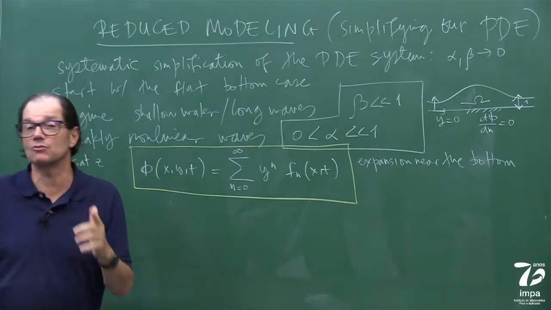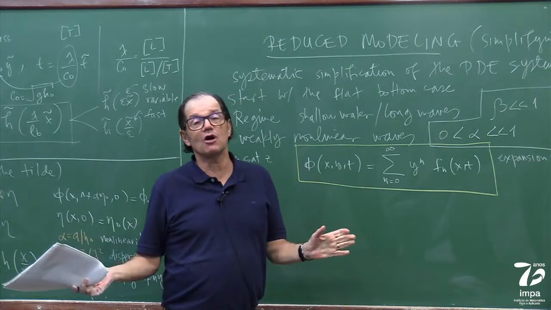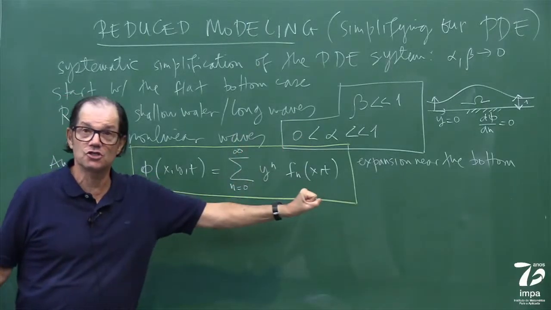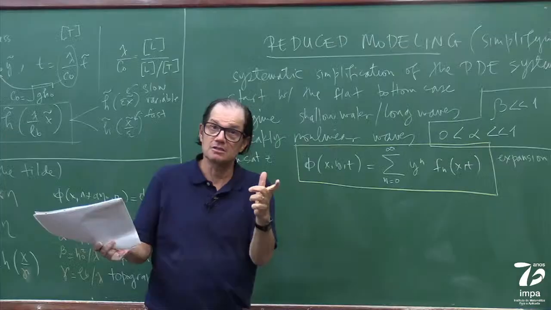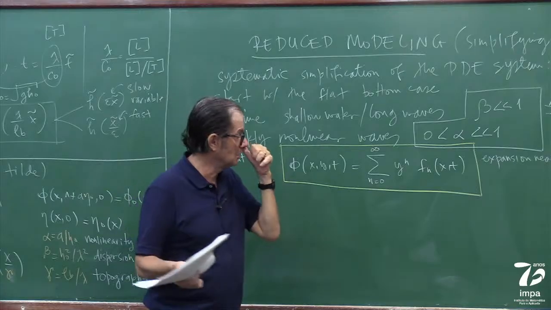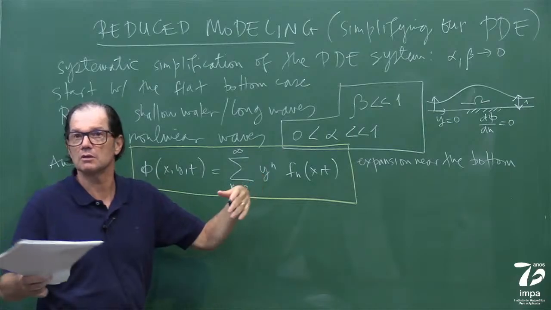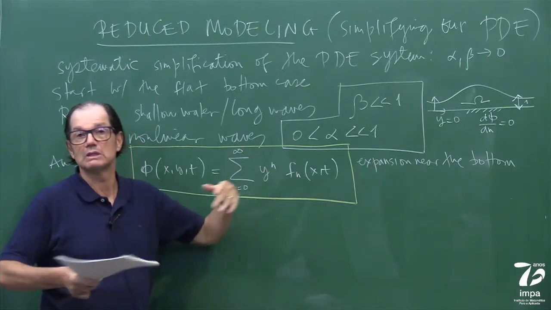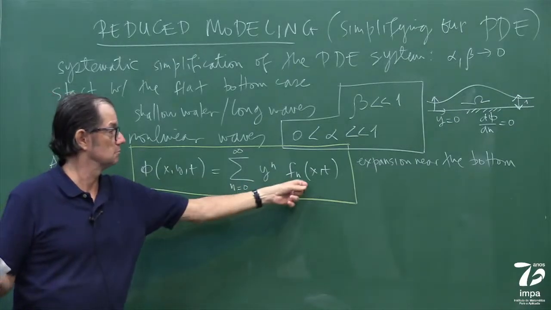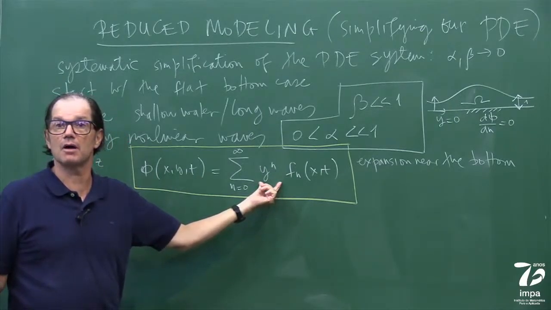In most of the things, if not all the things we're going to see in this course, the problems are complicated. You cannot prove that the series converges, but you have evidence that the series makes sense, converges. So, okay? If this function here is smooth and so on, it will not give us trouble, but we still have to see what we're going to do. And this is a separation of variables after all, right? I'm separating variables. But the main thing is this. Y is small, is near the bottom.